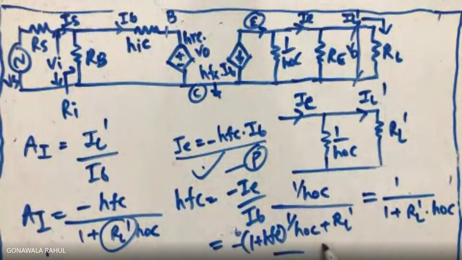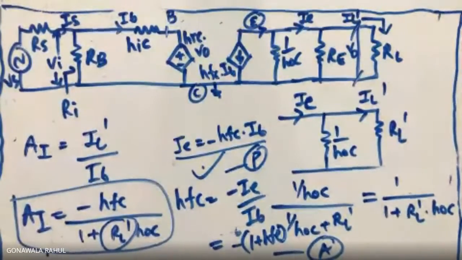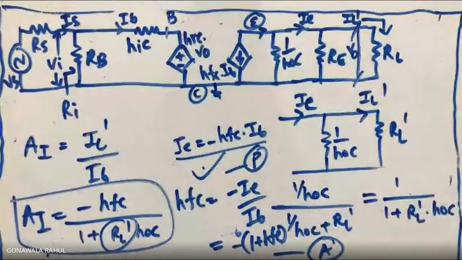Put this as equation number A. This is A, this is P. Clear? Based on these two equations, we will do further derivations. So till here we have derived AI is equal to minus HFC upon 1 plus RL dash into HOC.